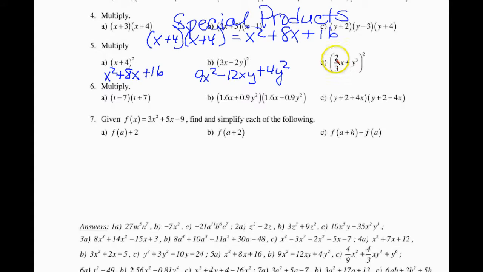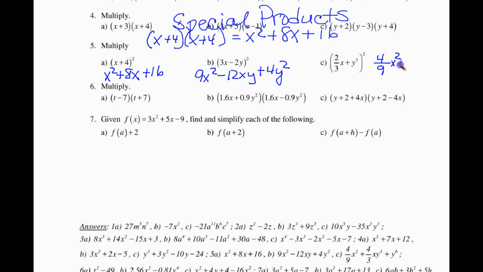Okay, we're going to square this. I'll write it over here. That's going to be 4/9 x squared. We're going to multiply this together. Now we get a 2/3 y cubed. We have to multiply this by 2 to double it.